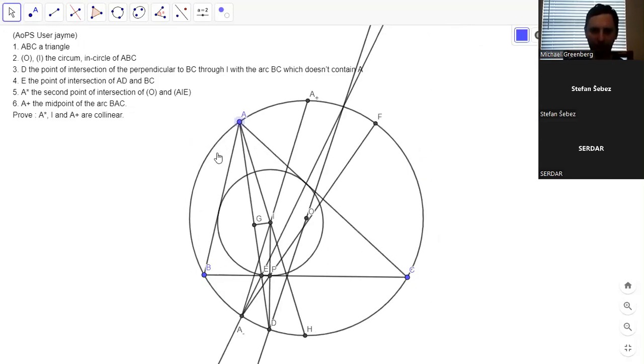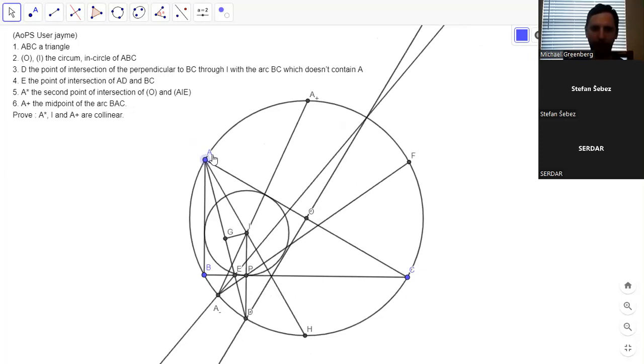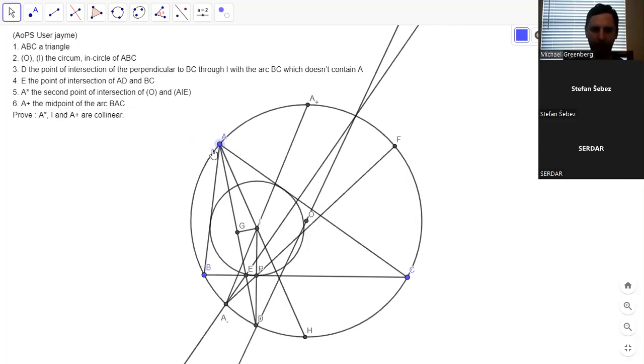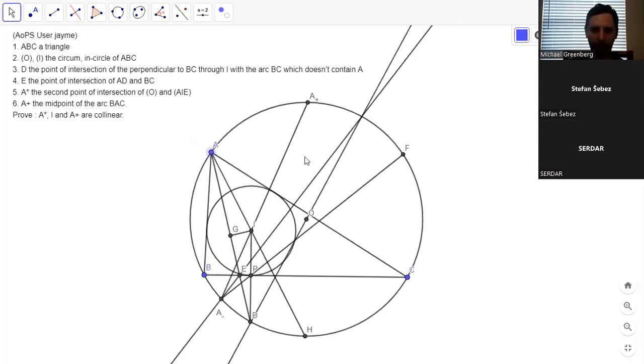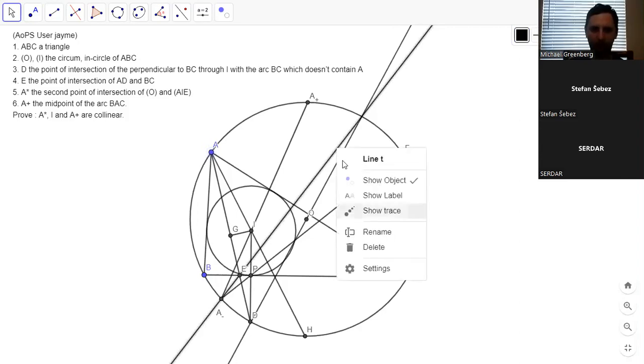So yeah, it looks like A minus E bisects that angle. And I don't know if that would solve the problem or not.